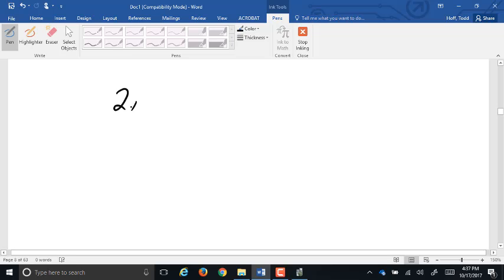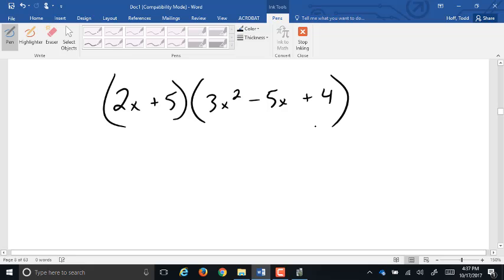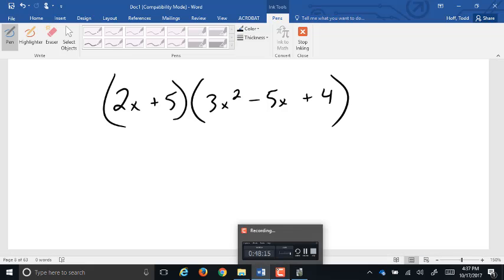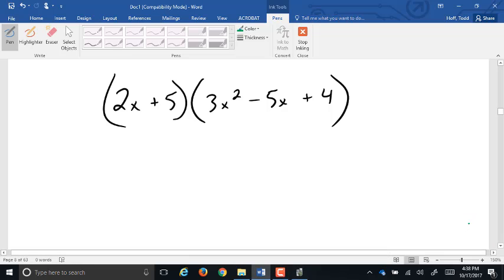What if it is 2x plus 5 times 3x squared minus 5x plus 4? I want you to give that a shot, see if you can figure out what it needs to do. So it's just some extra steps here, and then making sure we combine what we can. We'll start out 2x times 3x squared, 6x to the third.